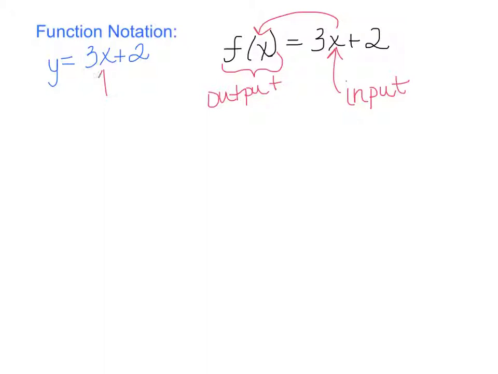Now this x in the equation, that's your input, and the y is your output. So if you notice, they are similar, where x is the independent variable, f of x, or your y, is the dependent variable.